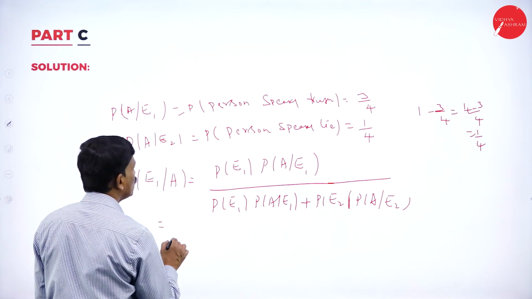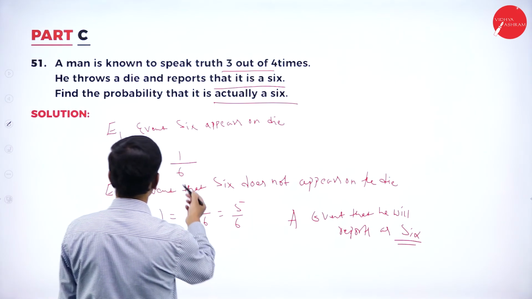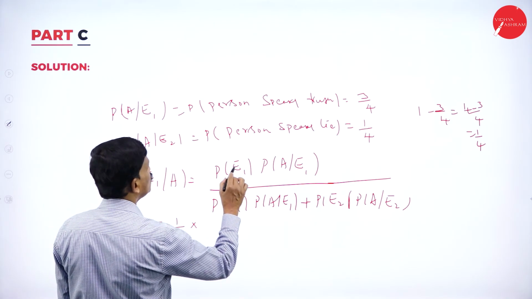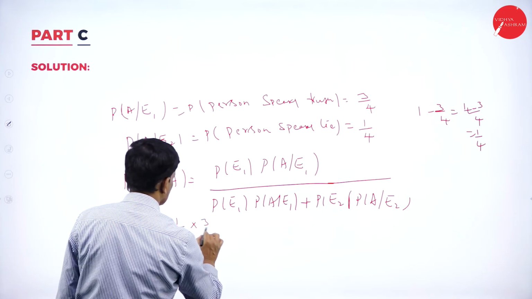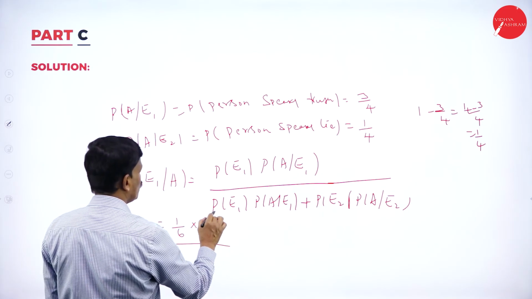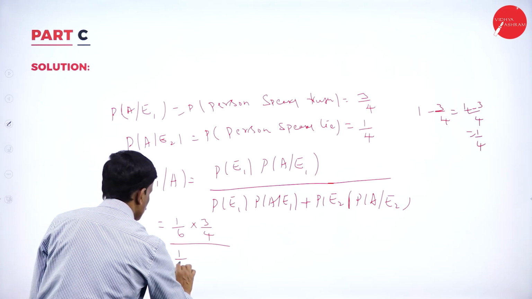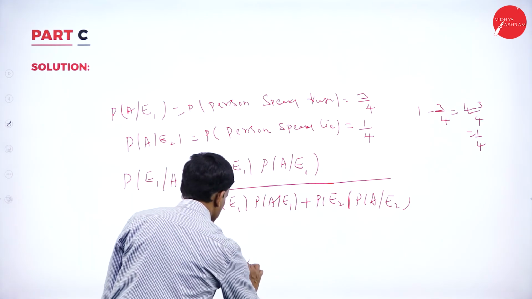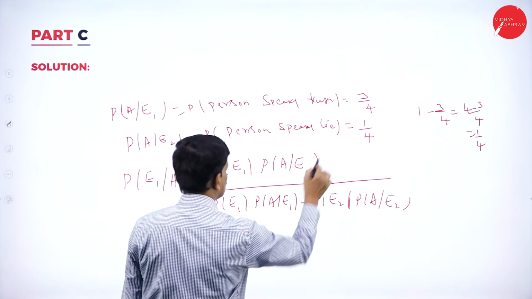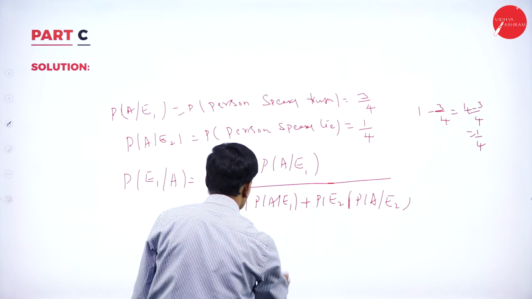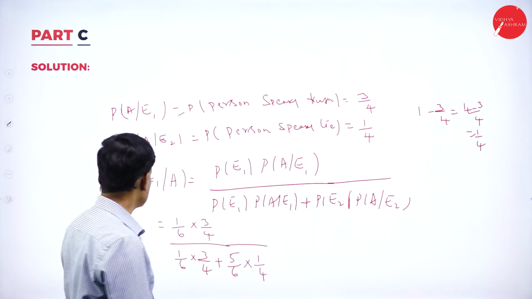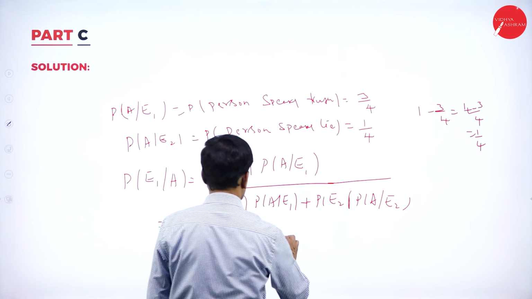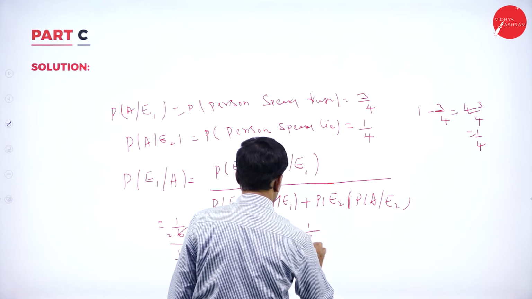What is the probability of E1? The probability of E1 is 1 by 6, into the probability of A given E1, which is 3 by 4, divided by 1 by 6 into 3 by 4 plus 5 by 6 into the probability of A given E2, which is 1 by 4. Now, simplify this. The 2 gets cancelled, so this is equal to 1 divided by 8.